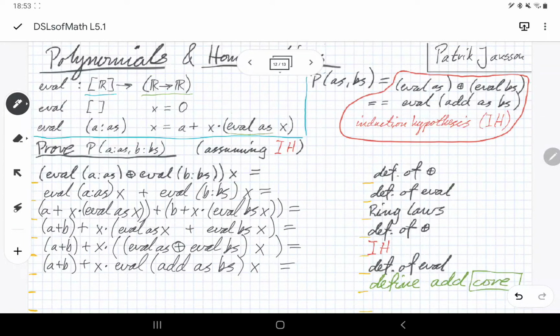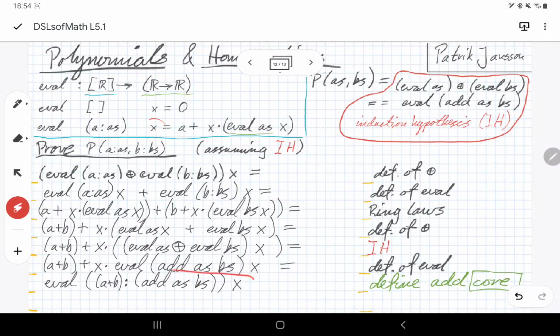Okay, this means that I can sort of backwards translate this to one call of eval, and then what list? Well, the list is now a plus b as the first element, followed by add as bs as the rest of the elements. That's a list. And then the whole thing is still applied to x. So notice how I'm using this side here.